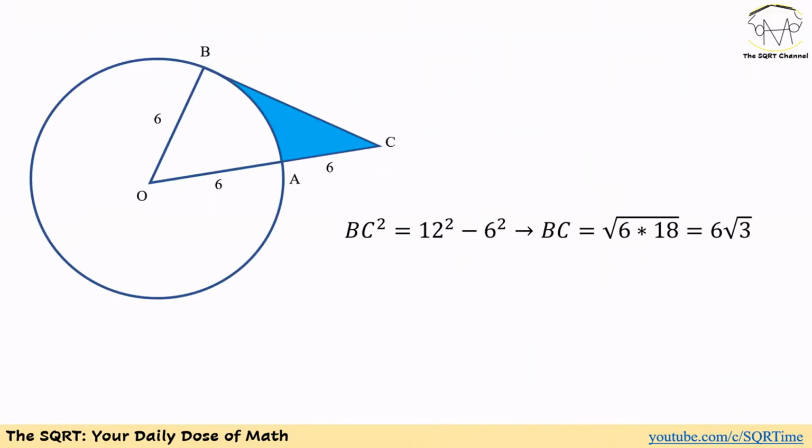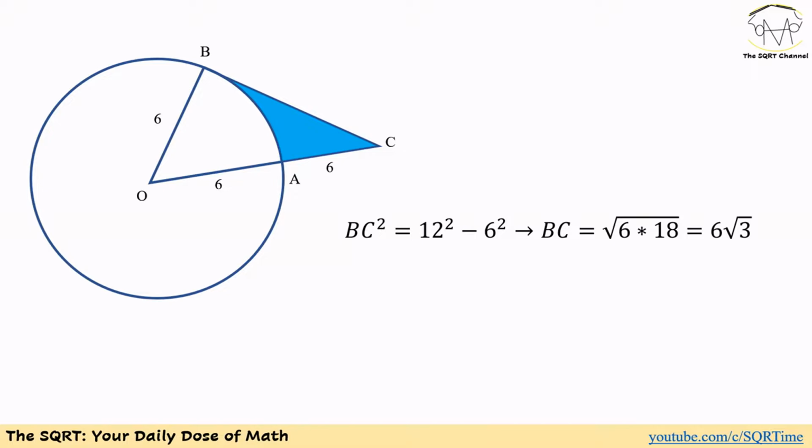To solve this problem, let's start with finding the value that we have for BC. Remember, OBC is a right triangle, so we can say that BC squared is equal to OC squared minus OB squared. Since OA is the radius of the circle, and we know that the radius is 6, OA is going to be 6 too, and we know that AC is also 6.